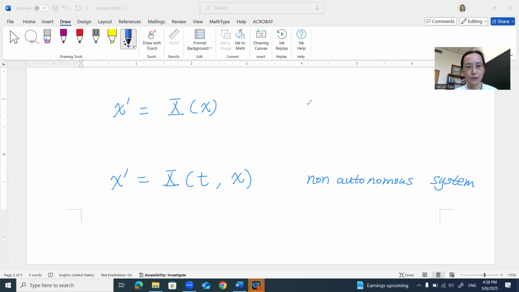In the first case, the vector field does not depend on T explicitly, although implicitly it depends on T because little x depends on T. If the vector field does not depend on T explicitly, it is called an autonomous system.